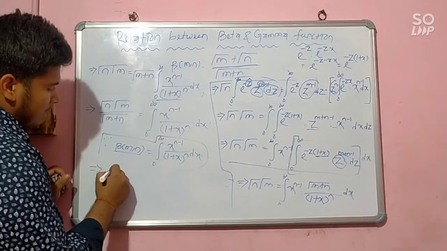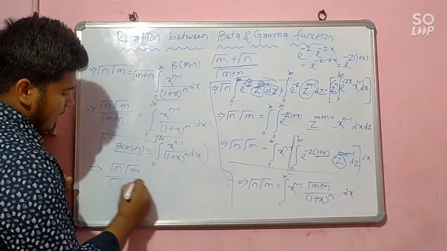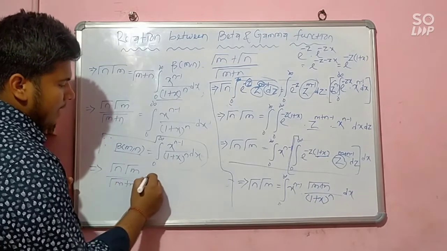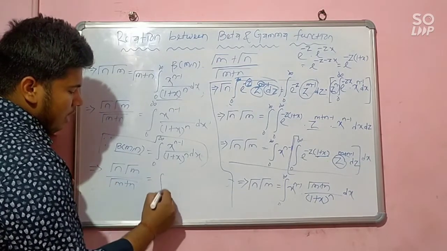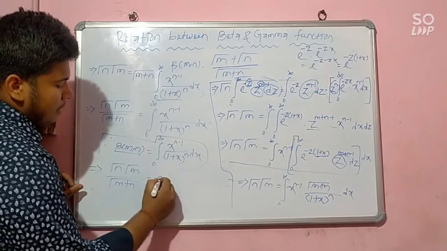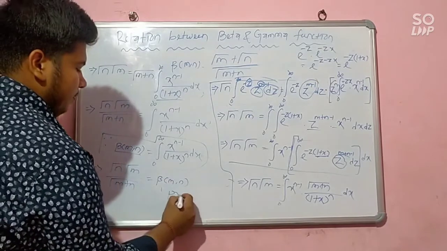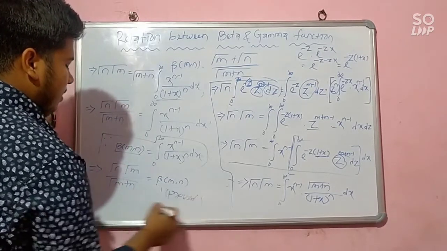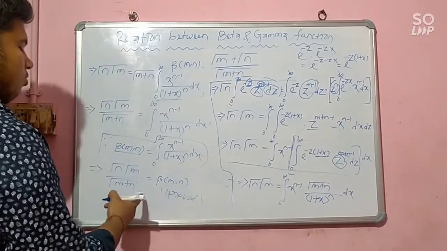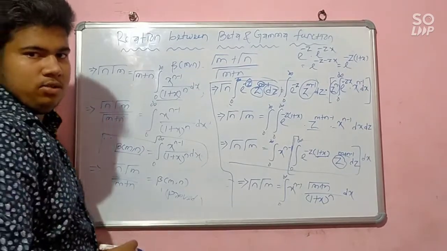So this implies gamma n into gamma m by gamma m plus n is equal to beta m n. So proved. This is the relation between beta and gamma function. Okay students, so thank you students.